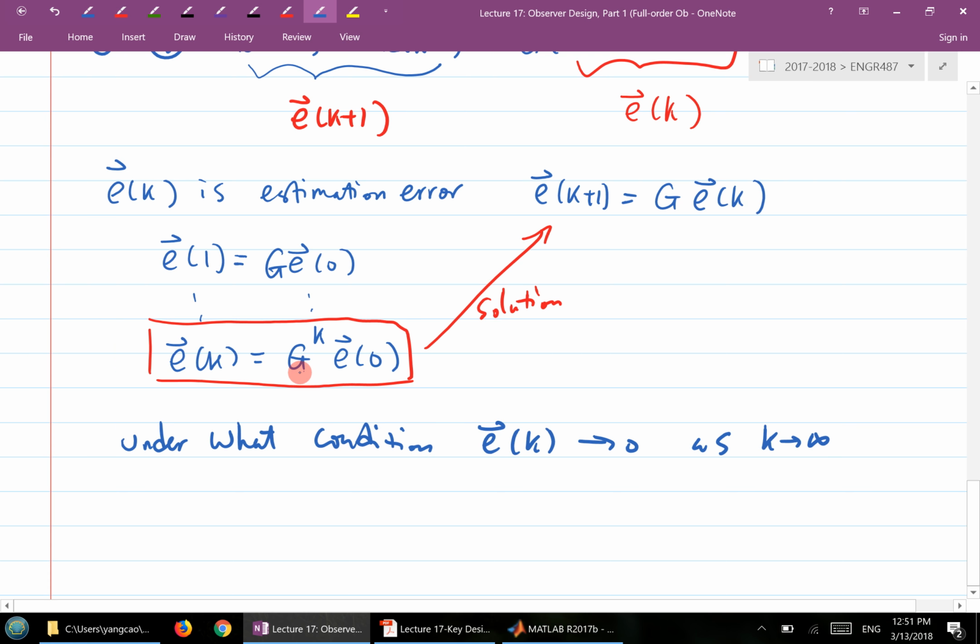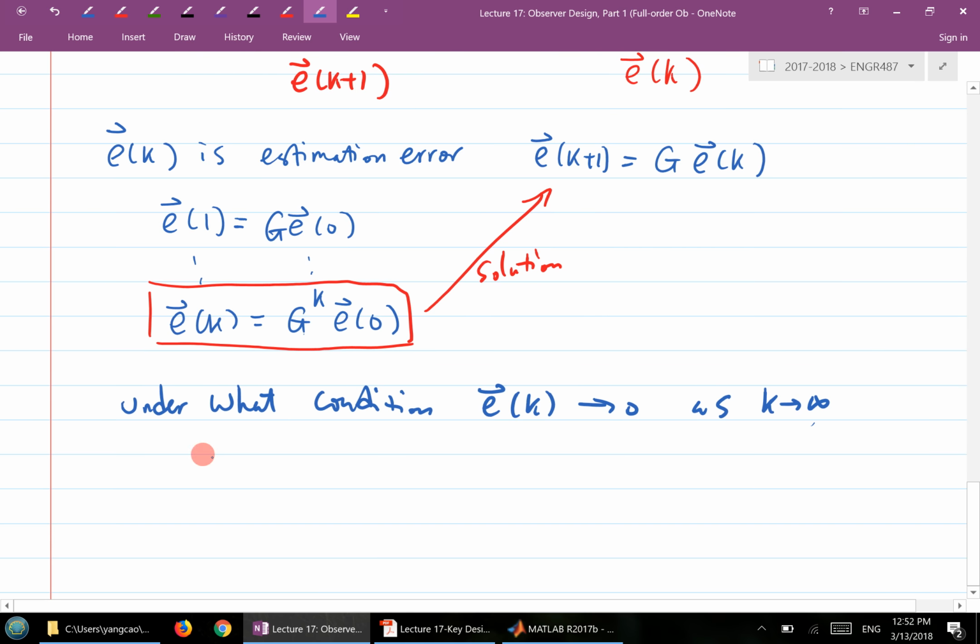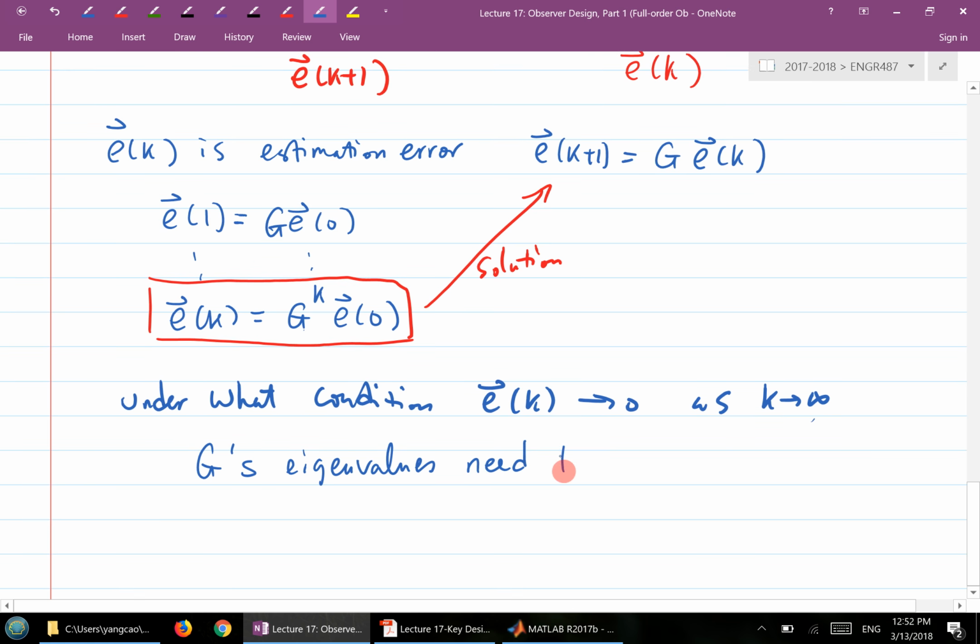If G is a matrix, then G's eigenvalues need to be within the unit circle in order for G^k to go to 0 as k goes to infinity. That's the condition that will make sure that e(k) goes to 0 as k goes to infinity.